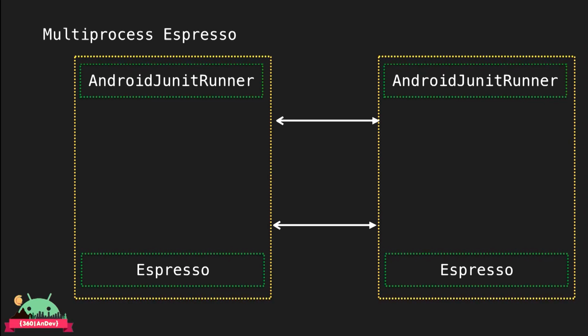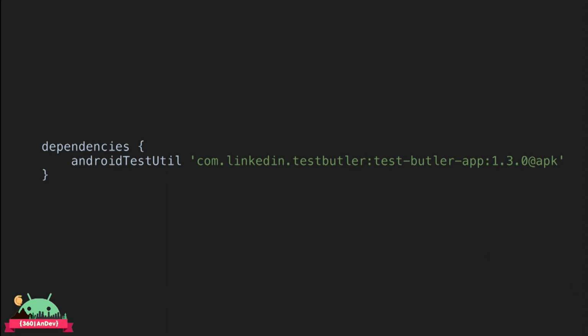Espresso said that the synchronization works well with the UI control implementations, but they don't say anything about this kind of communication, right? That's why Multiprocess Espresso is trying to solve this problem. Now you can communicate between the two different processes with Multiprocess Espresso. The important part is that in your test, you don't have to update anything. By default, behind the scenes, it updates all this communication.